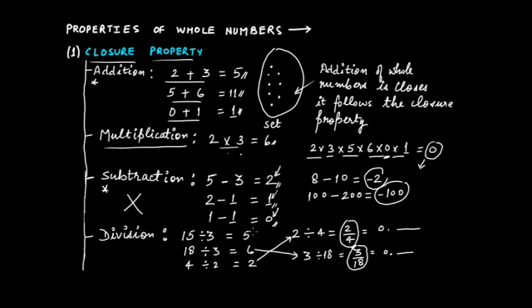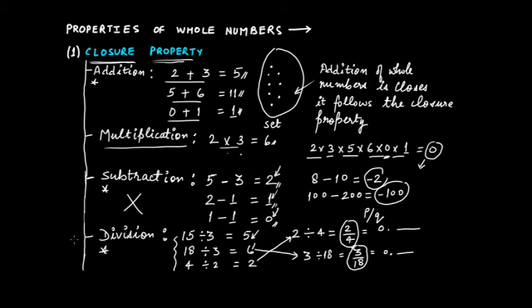Like in these 3 examples, you got the whole numbers, but here you are getting rational numbers, and rational numbers are those numbers that could be written in the form of P divided by Q. So rational numbers are not whole numbers. So it's very clear that even division of whole numbers does not follow the closure property.